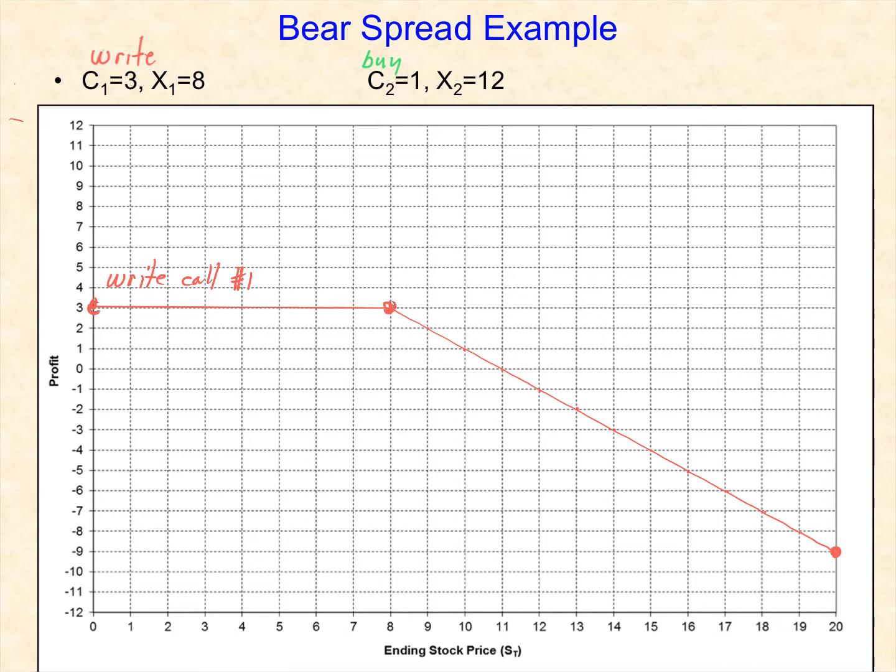Next, we'll look at buying call number 2. Call number 2 has a premium of $1, so we will lose that dollar as soon as we buy that option. It has an exercise price of 12, so for any stock price less than 12, the option expires out of the money and we lose our $1 premium.